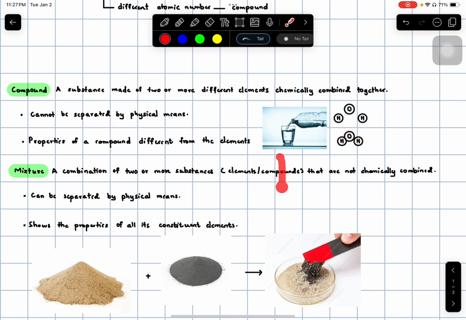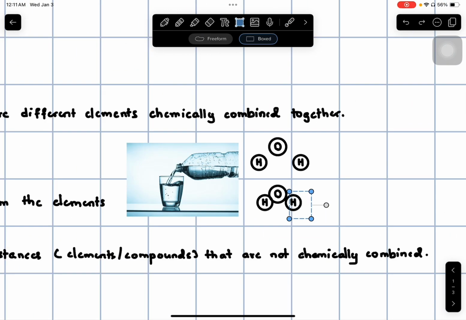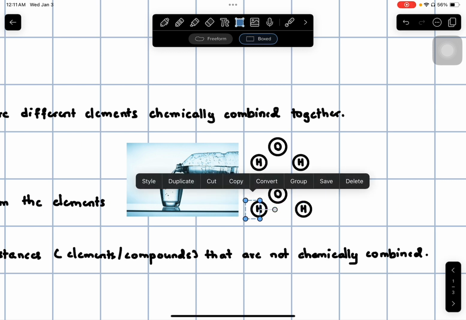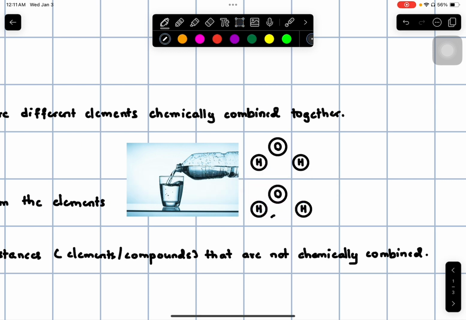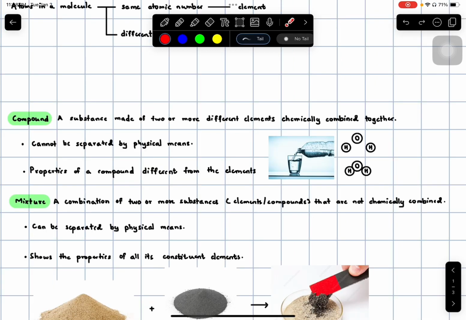If you heat up the water here, this will go from water liquid to steam gas. If we freeze this water, this will go from H2O liquid to H2O ice. But we will not be able to separate the individual atoms of hydrogen and oxygen from a molecule of water separately. The second statement says that the properties of a compound are different from the elements.